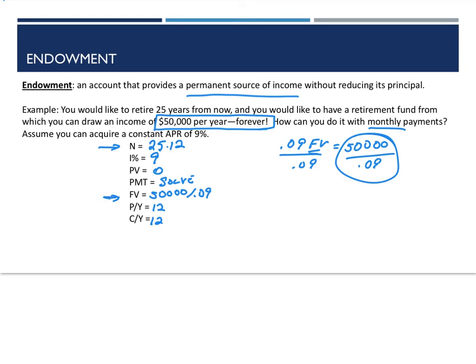And because this is not looking for your interest to be a percentage, I do have to change it to a decimal. Solve for my payment, and according to this, if I can get 9% interest, if I deposit $495.54 every month for 25 years, I can have my $50,000 a year income for as long as I live.